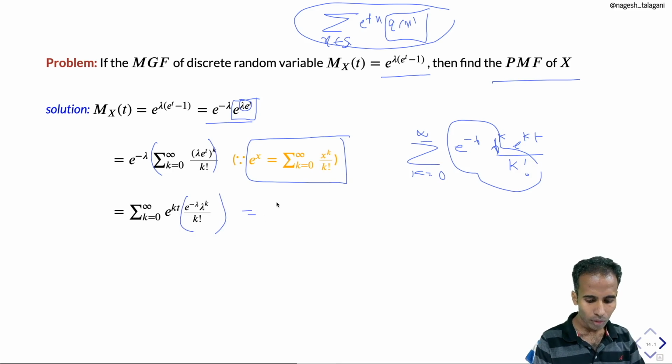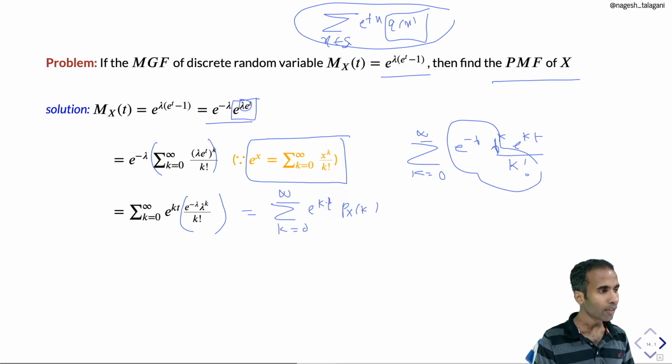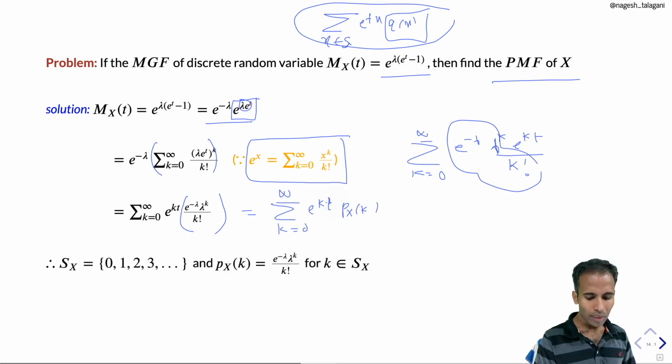So this looks like summation k equal to 0 to infinity e power kt px of k. Now I can say that the support of X is going to be 0, 1, 2, 3, and so on, and the PMF function px of k is going to be e power minus lambda lambda power k by k factorial for k belongs to Sx.